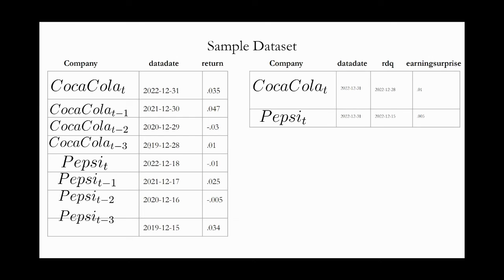So specifically, I messed up. This should all read 2022, my bad. Instead of being 2021, 2020, 2019, this should be 2022, 2022, and 2022, right? Because we want the days after the earnings announcement. So this should equal December 28th, 2022, which is equal to RDQ.